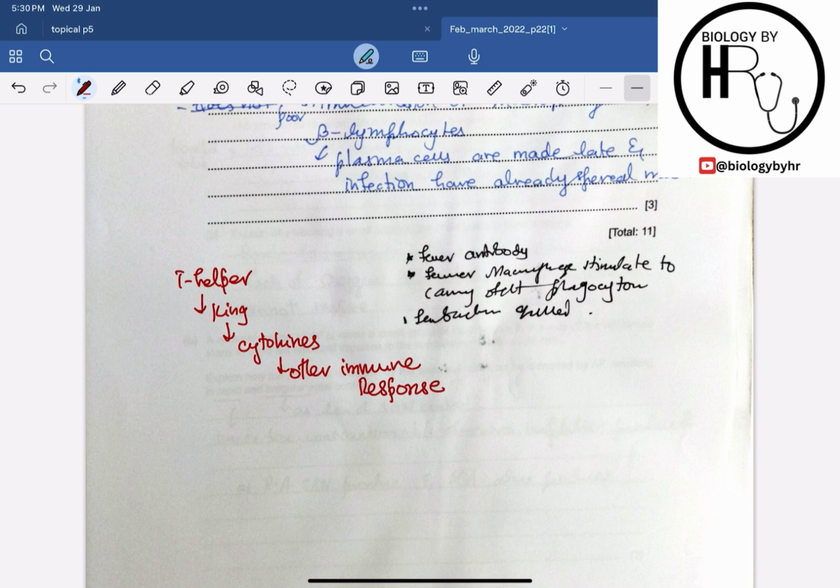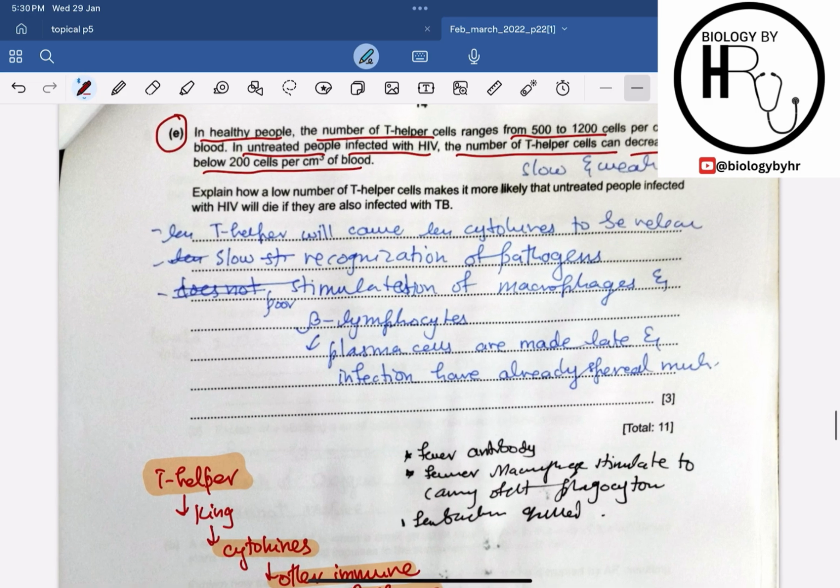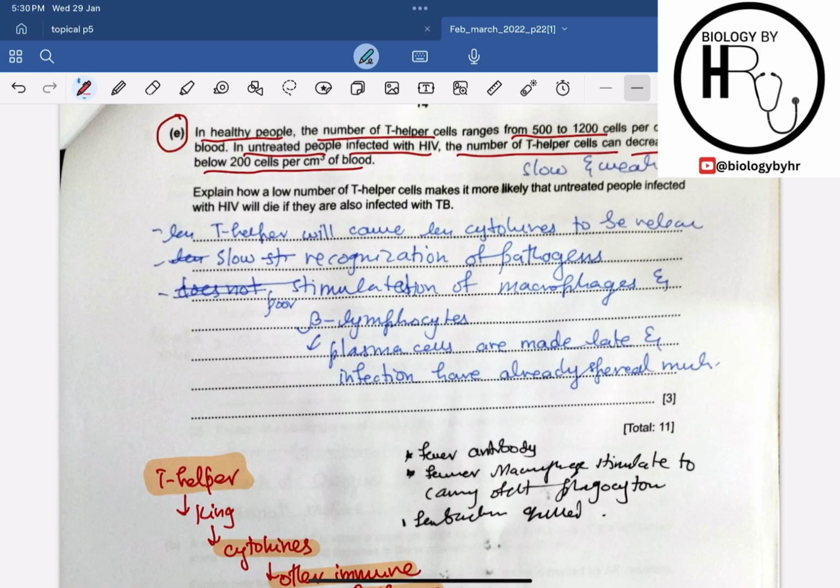When the T helper cells get the stimulation that a foreign antigen is there, they release the cytokines which activate the other cells of the immune system, right? In this question we have to explain how a low number of T helper cells makes it more likely that untreated people infected with HIV will die if they are also infected with TB.